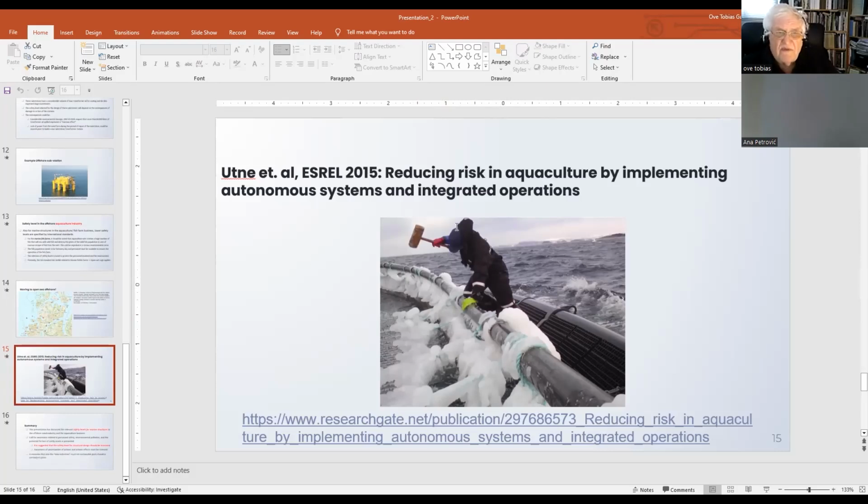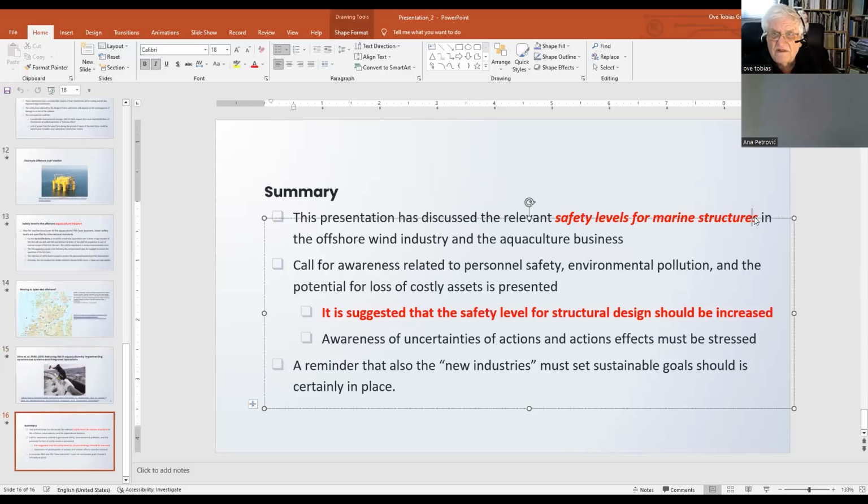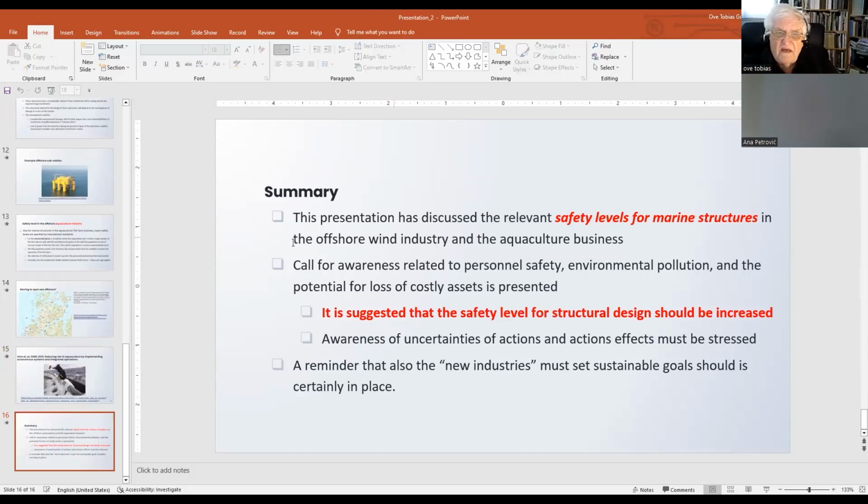So what I'm talking about is the safety level for marine structures. I refer to oil and gas structures, okay? And I look into what the wind industry and aquaculture business are requesting. I'm a bit aware that maybe there is an underestimation of the safety level for the new types of wind farms in deep water, and the new types of aquaculture nets out in the open sea.